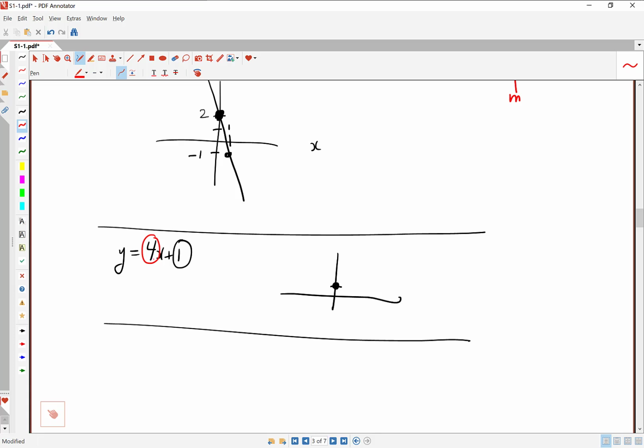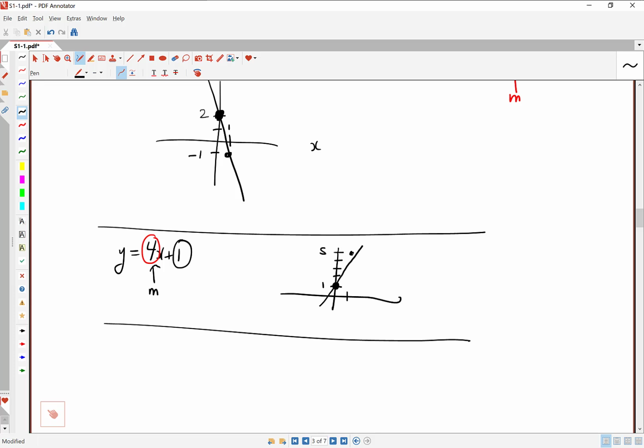So that tells you how much y is changing as you take one step to the right. So step over to x equal 1. Our slope is telling us that y is going up by 4. So instead of now being at y equal 1, we're going to be up at y equal 5. So that's what's happened as we've taken one step to the right, we've gone up to y equal 5.